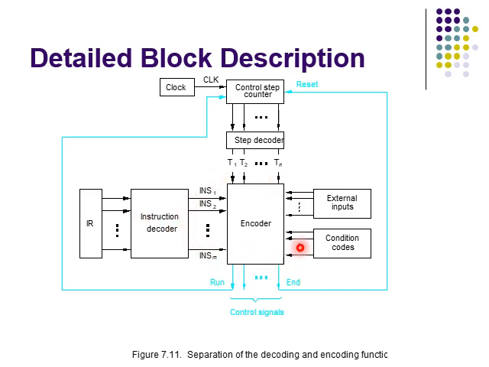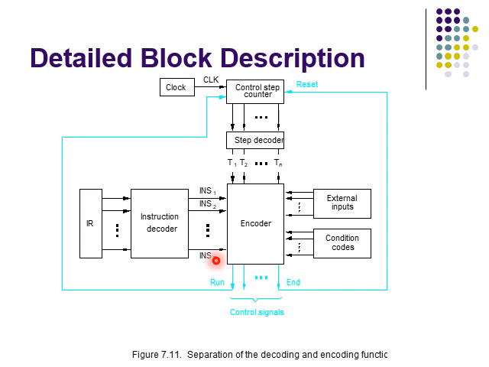The step decoder provides a separate signal line for each step or time slot in the control sequence. Similarly, for the output of the instruction decoder in the instruction register, one of the output lines INS1 through INSm is set to 1 and all other lines are set to 0.